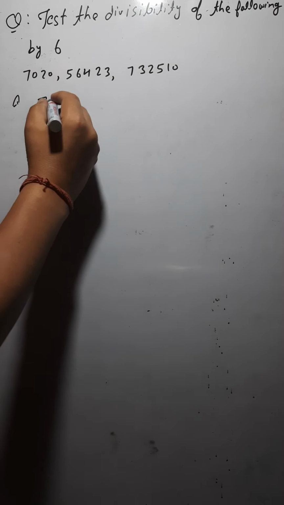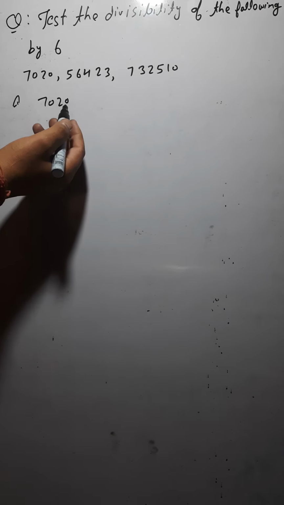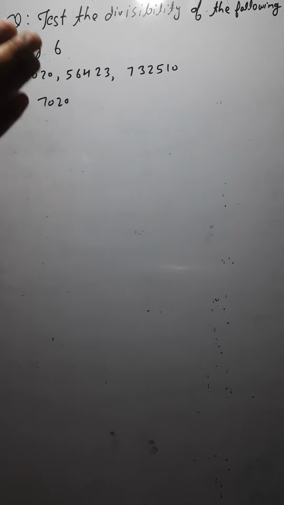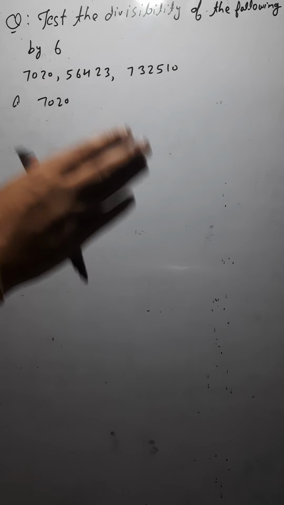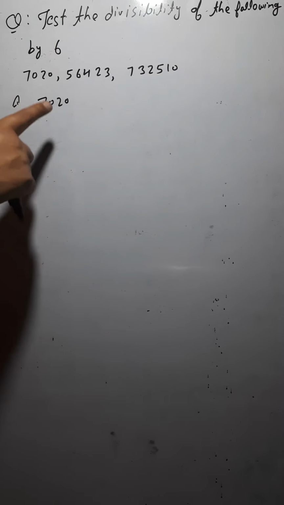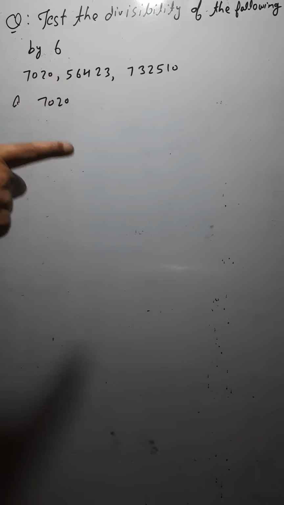Okay, 7020. Is it divisible by 2? Yes, it is divisible by 2. Why? Because what is the last digit here? It is 0. Any number which ends with the digits such as 0, 2, 4, 6, 8, that number would be divisible by 2. We have already discussed the divisibility by 2.